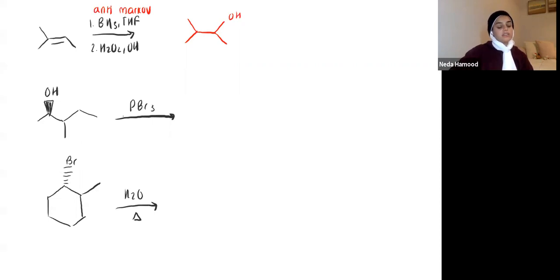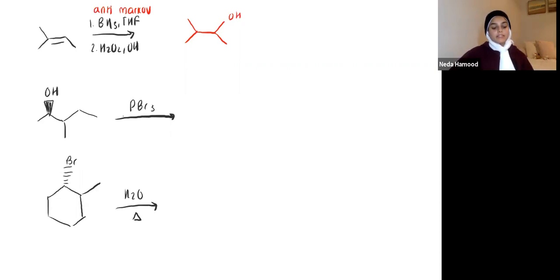I'm pretty sure THF is thermodynamically favored, which means that it needs to have an ideal temperature and stuff like that. Whereas the one that isn't THF, it's like the other one. I don't remember.